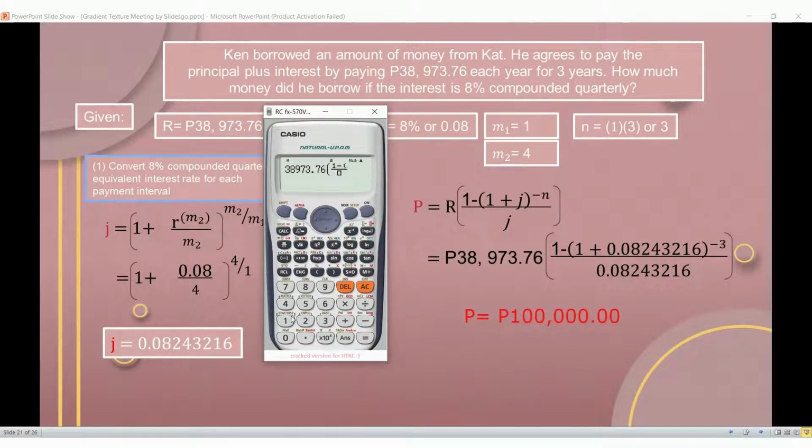Minus 1 plus 0.0824 raised to 3, then divided by 0.0824 times 38,973.76. So, pareho lang. So, dahil dyan, mag-proceed na tayo sa next.